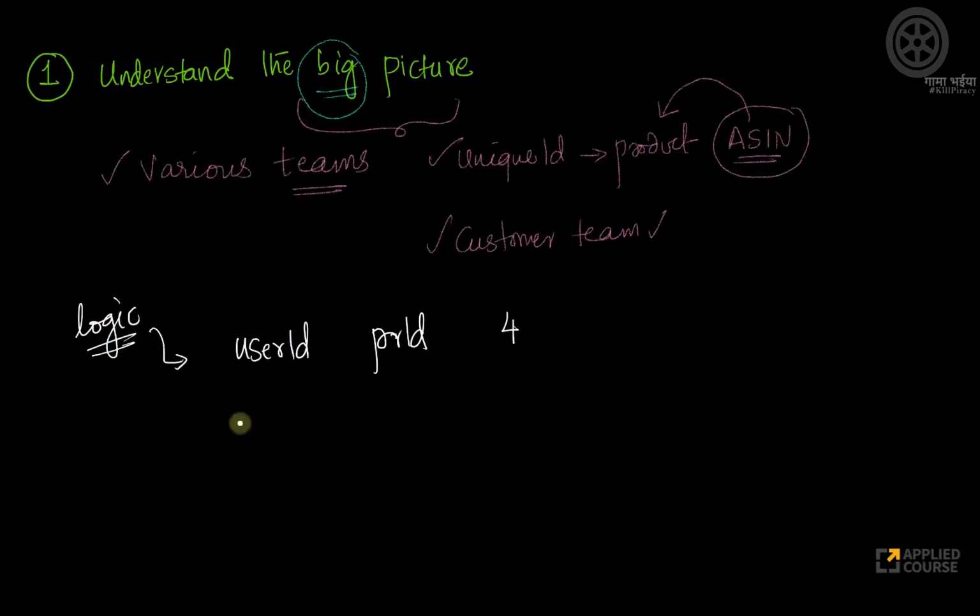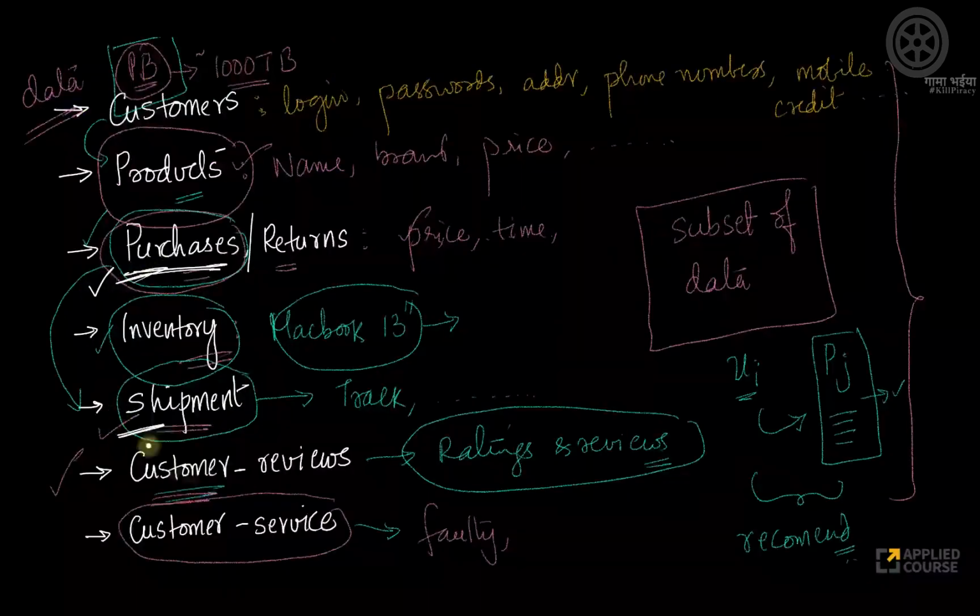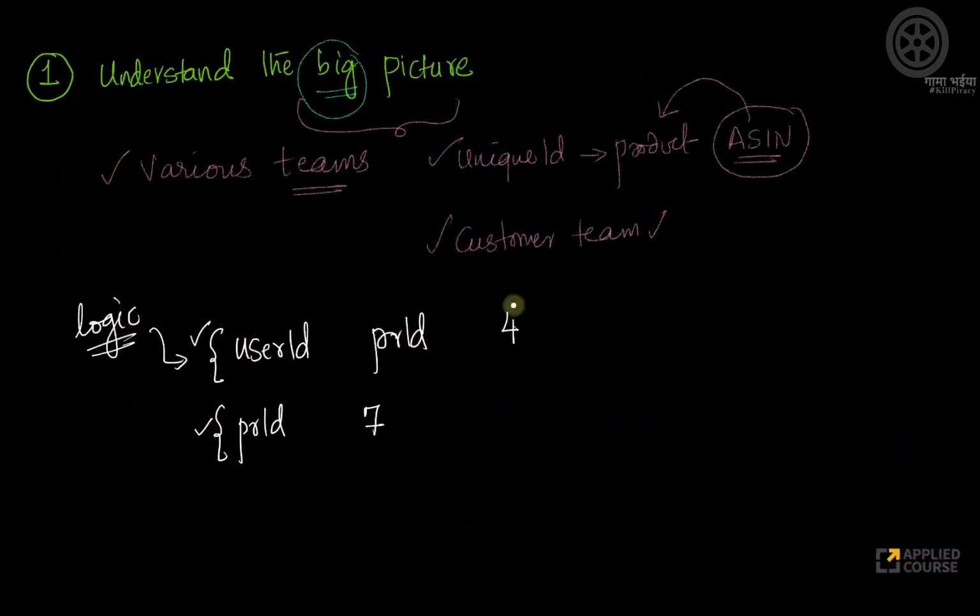Similarly, they might say for this product, you can return it within 7 days and it's a free return. So there are lots of details about every user, every product, every purchase, every shipment, every review, every customer service request. There is a ton of data, right?